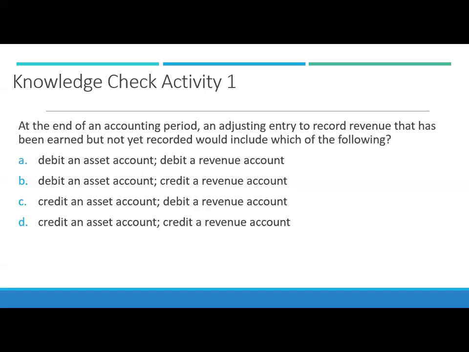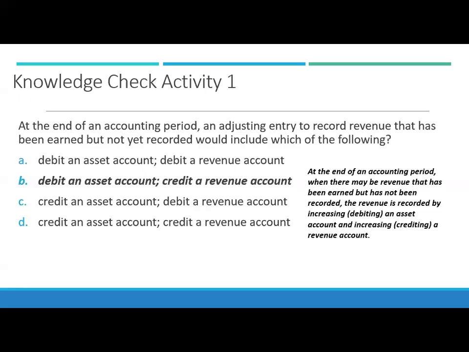I know someone's got to have an idea. B, debit an asset and credit the revenue. Yep, perfect, exactly. It'd generally be debit accounts receivable and credit revenue.